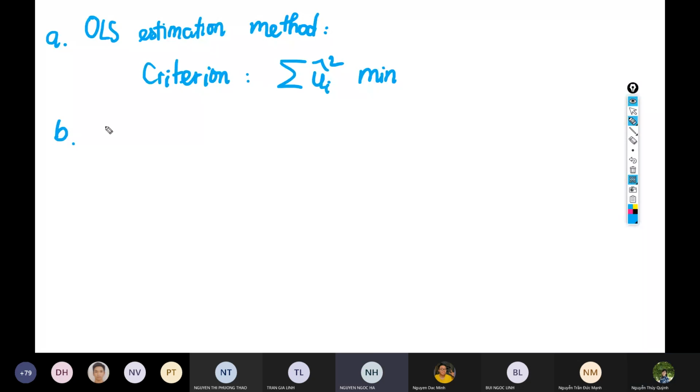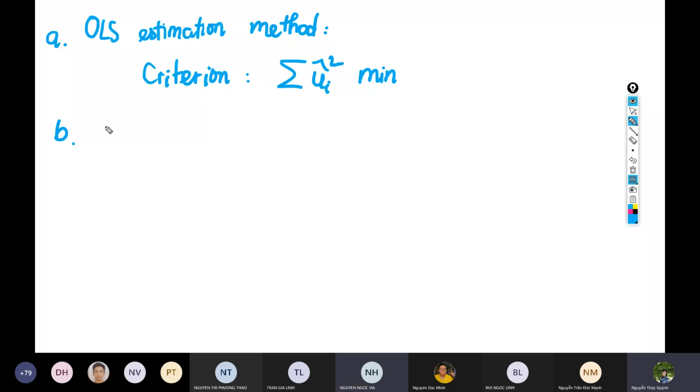The third assumption is about the conditional expected value of the disturbance ui.